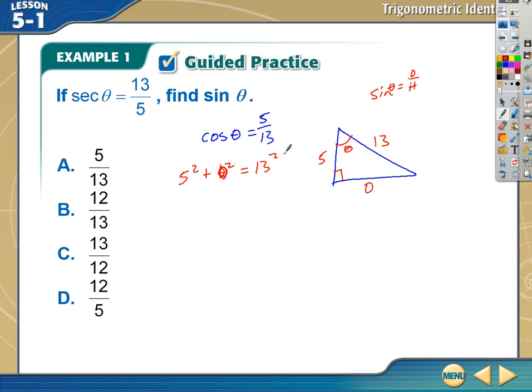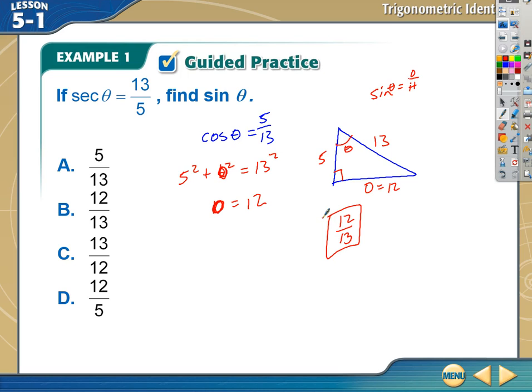I'm going to cheat, use my calculator or my pattern that I know, and I know that o is going to equal 12. Therefore, what is sine? Opposite over hypotenuse. 12 over 13. I know you didn't have a whole lot of room, but hopefully that made sense. So 12 over 13, B is my answer.